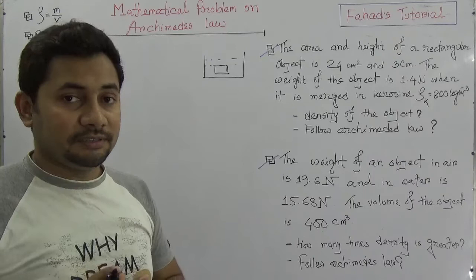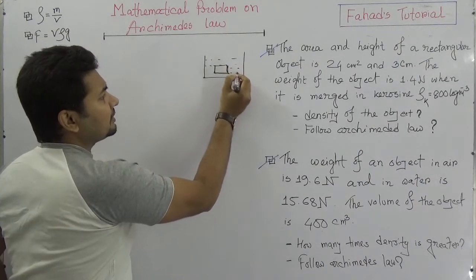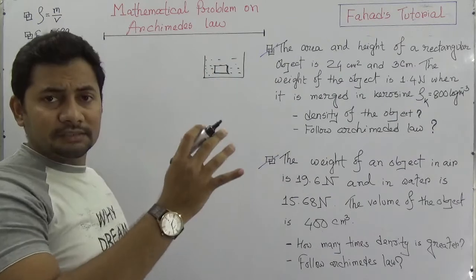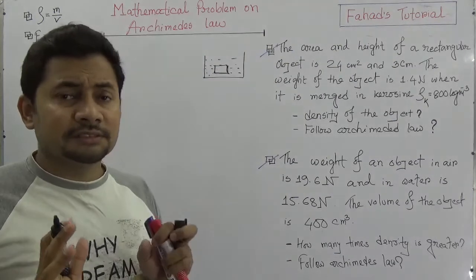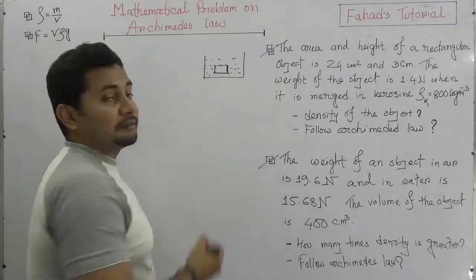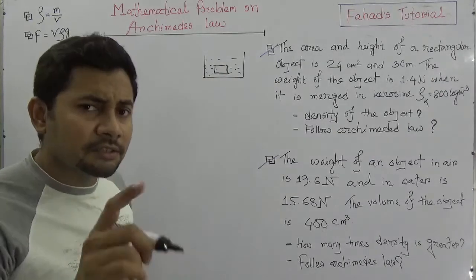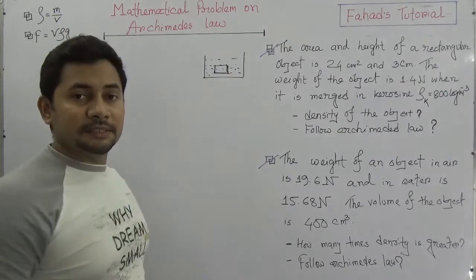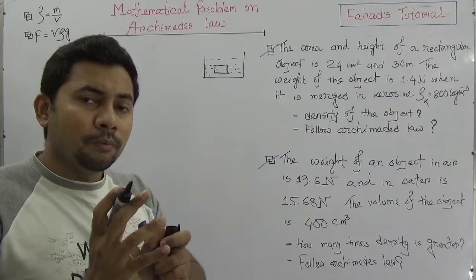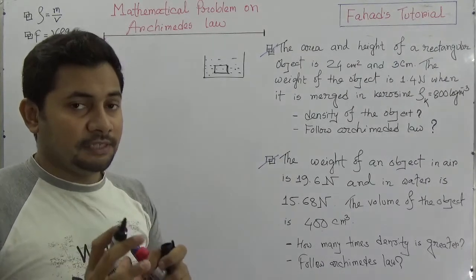When it is submerged into a liquid, that liquid can be water, kerosene or anything. We need to know the density of the liquid, the volume of the object and the mass of the object, and then we will definitely be successful in solving this type of question.